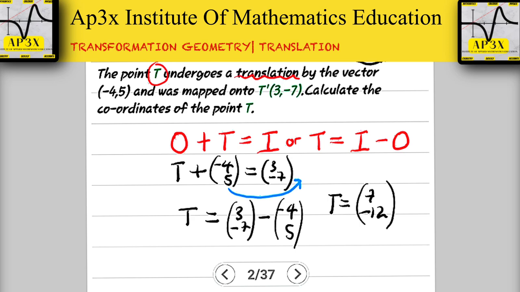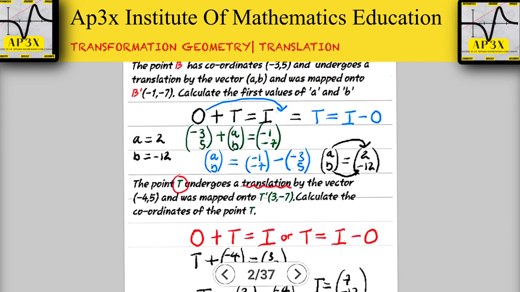So the object T, that was moved by the vector -4, 5 and became 3, negative 7, was in fact 7, negative 12. All right. And that pretty much gives us our first real understanding of what translation really is, from a worded aspect.